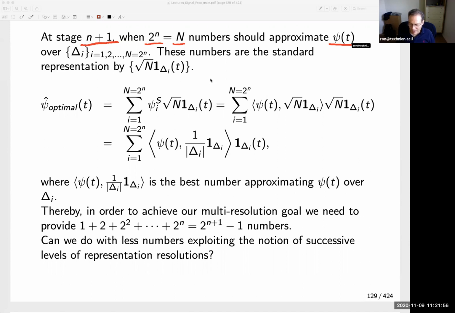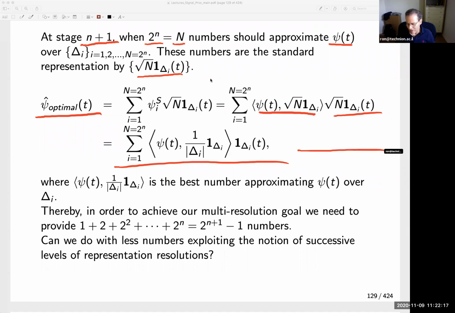These are the intervals, and these numbers are the standard representation if, for example, I choose them, and this is how the approximation should look. It should be nothing but the projection onto the standard functions times the standard functions. So this is the best way of piecewise representing a function in these intervals. And I'm repeating this story so many times that by now you should be familiar with it.